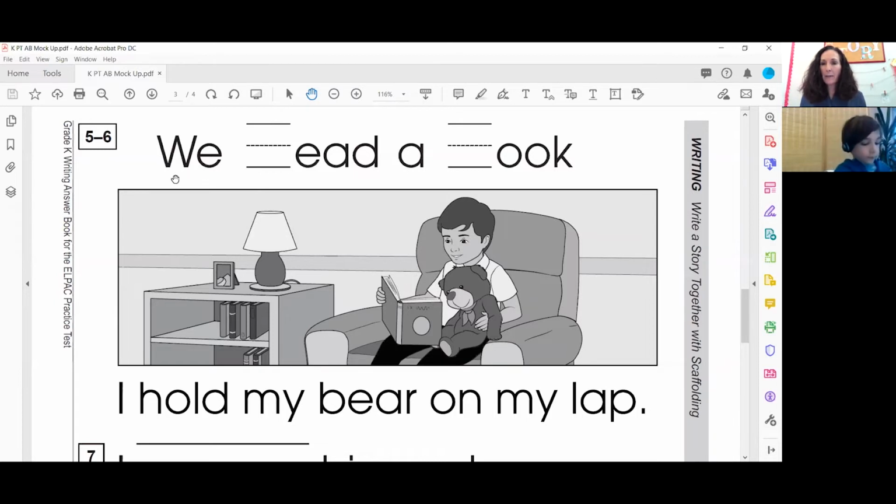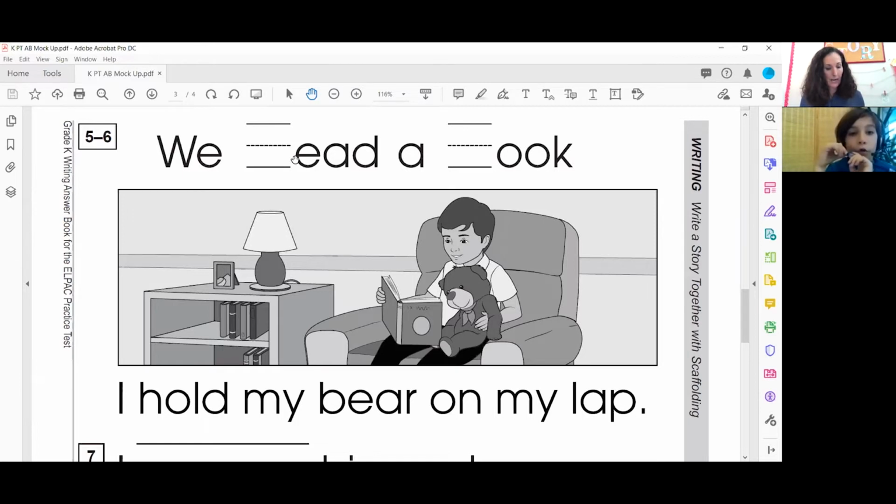Now put your eyes back on the screen because you're going to watch my mouse pointer again. We are going to write a story together. The title of the story is We Read a Book. The first letter is missing from the word read. Say the word read.